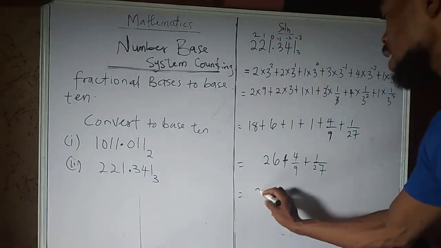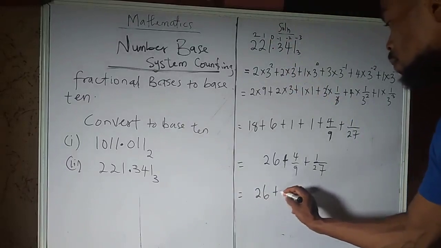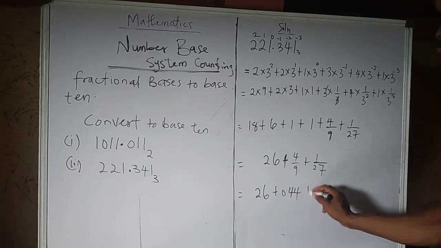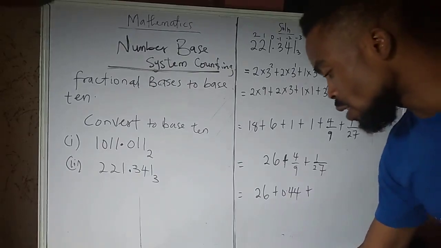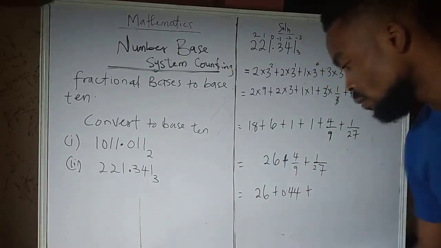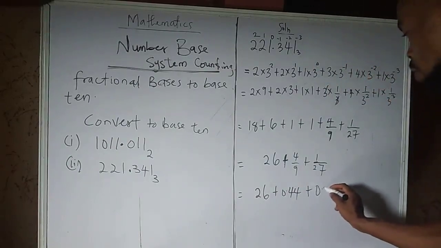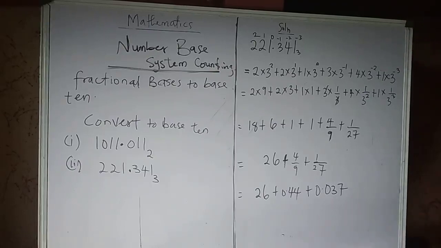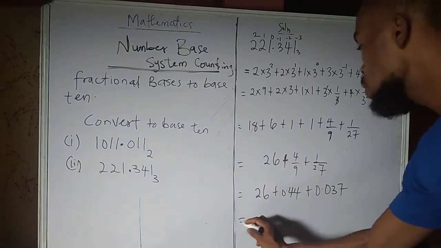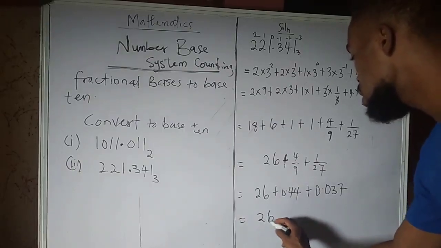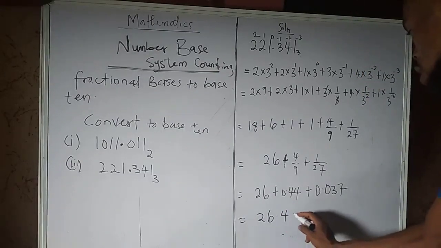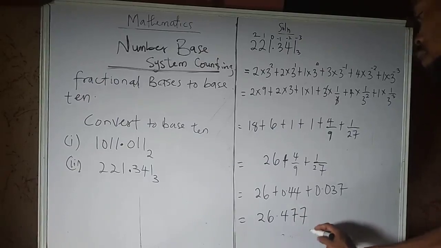So I'm going to take it to 2 decimal places rather. 0.44 plus 1 over 27, which is 0.037. I'll take 3 decimal places. So by the time we sum this, we are going to have 26.477 in base 10.